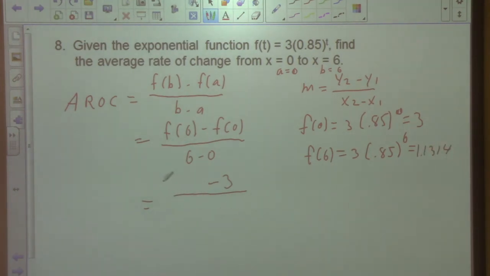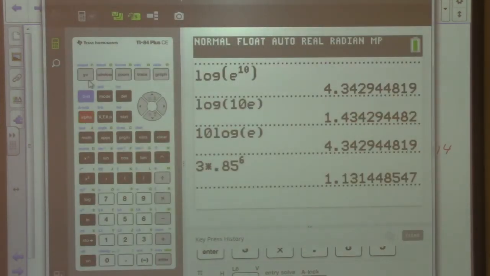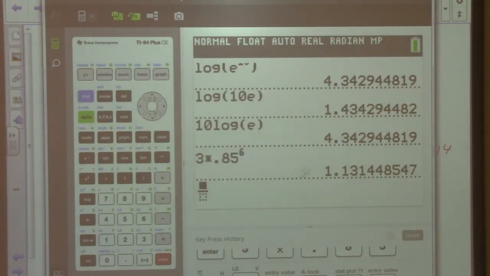And so what we get here is 1.1314 minus 3 over 6. We can put that in the calculator, and I'm going to use the stored value for f of 6.